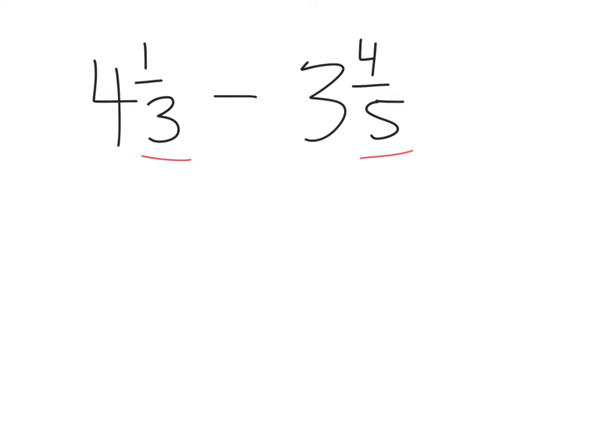I don't care about the 4 and the 3 because honestly, the 4 and the 3 doesn't really mean anything right now. When I look at this problem, I have 1/3 minus 4/5. Okay, well, then that's a problem. That's an issue because in the fraction world, 1/3 is a smaller fraction than 4/5. 4/5 is a larger fraction, it's almost a whole.